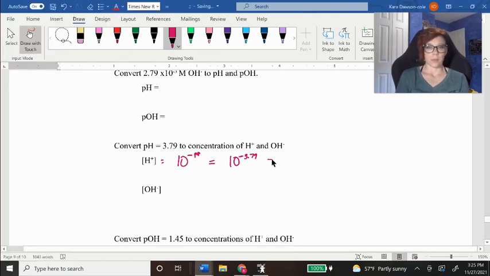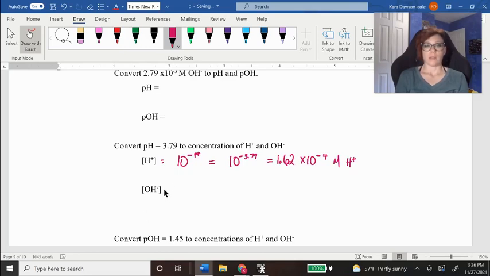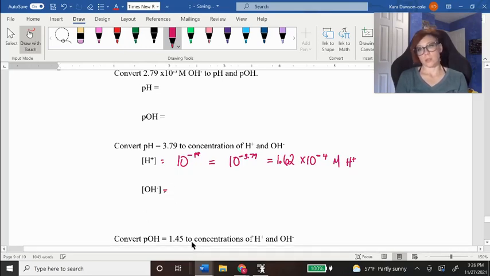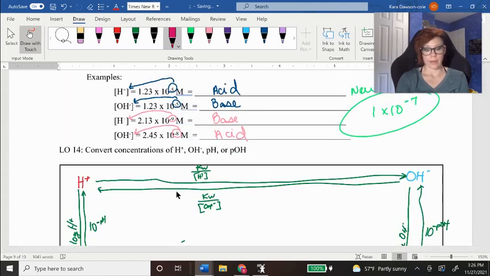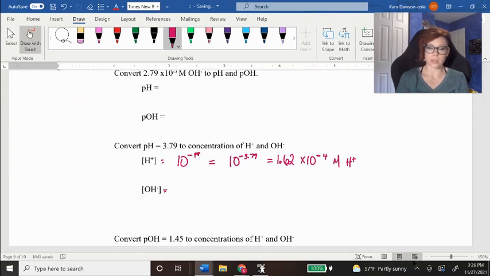So for your OH minus, there's 2 ways that you can do that. You can either go from your pH to your pOH and then do your anti-log, or because we're in concentration here, you can just take it through your top part. If you look at the top here, Kw over your H plus is equal to your OH minus. Either way works.